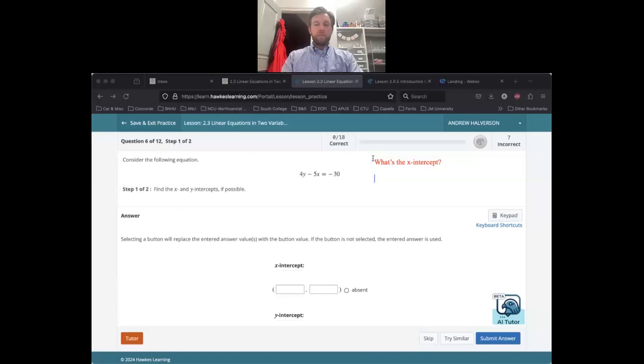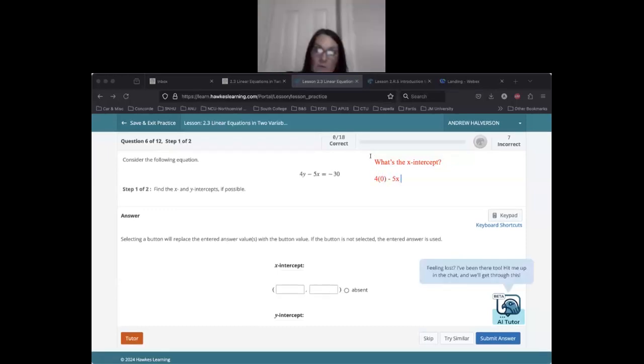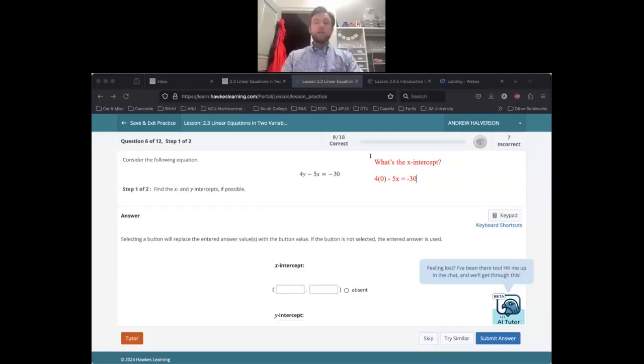We plug 0 in for y, and now we solve for x. So 4 times 0 goes away, leaving negative 5x equals negative 30. So what does that mean that x is equal to?